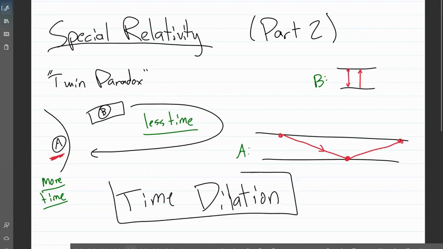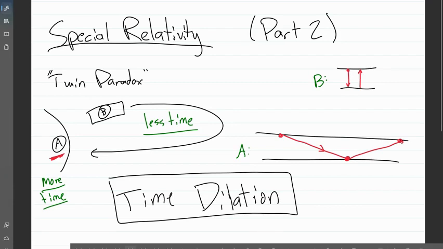This is the feature where when you are moving, it feels like time is moving normally, but twin A is looking at B and saying, time looks like it's moving slower for B than it is for myself.